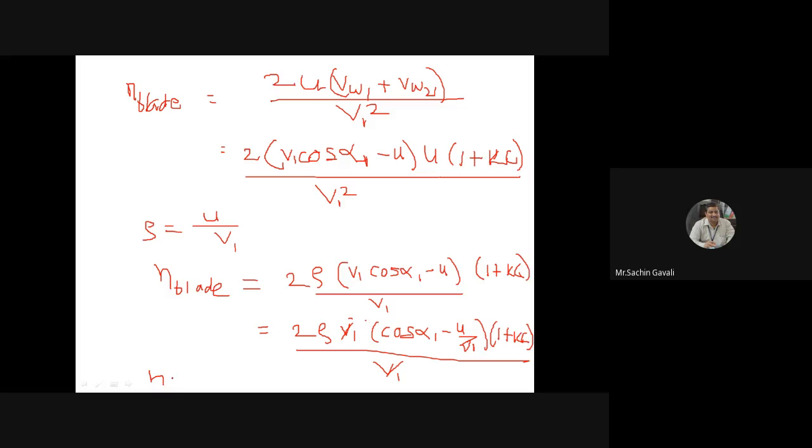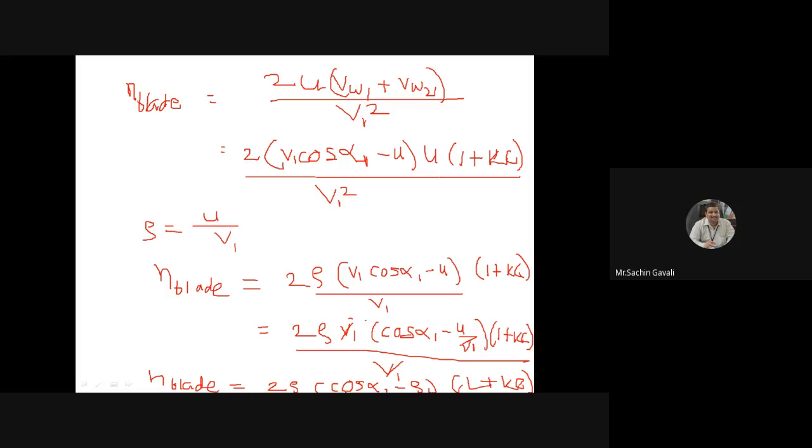Therefore eta blade in that case is coming as 2 rho, what is rho? It is the blade speed ratio, the ratio of blade velocity to inlet steam velocity. 2 rho into bracket cos alpha 1 minus rho, into bracket 1 plus KC.